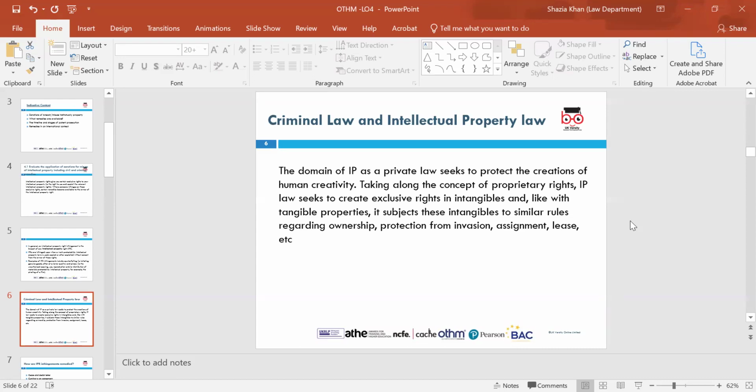An example here would be that penal provisions can be found in the Trademarks Act 1994, TMA UK, and the Copyright Designs and Patents Act 1988, CDPA UK, as well as more recent acts such as the Fraud Act 2006 and the Video Recording Act 2010.